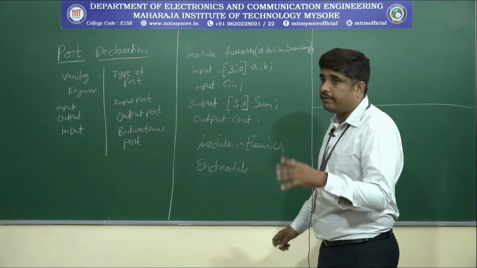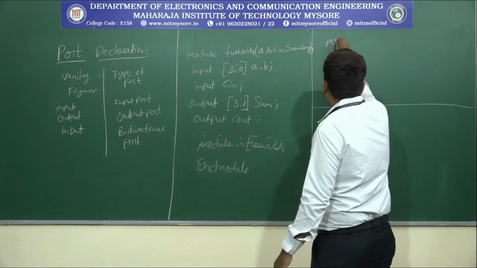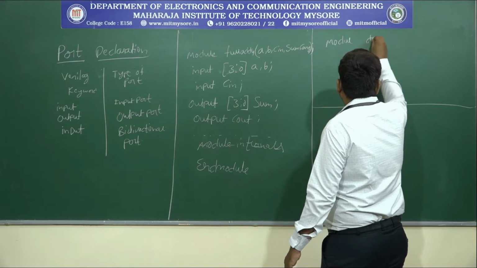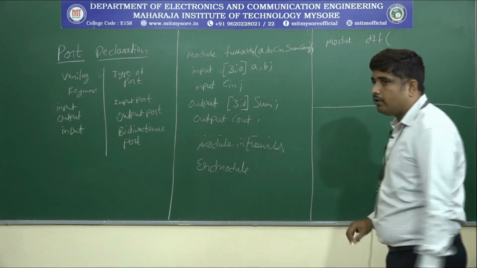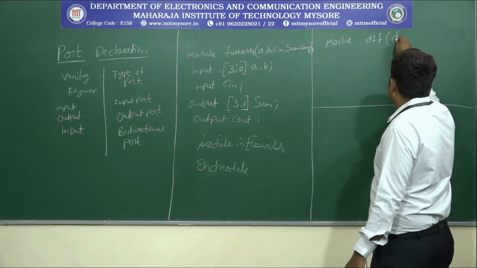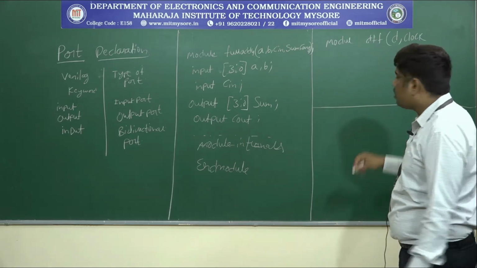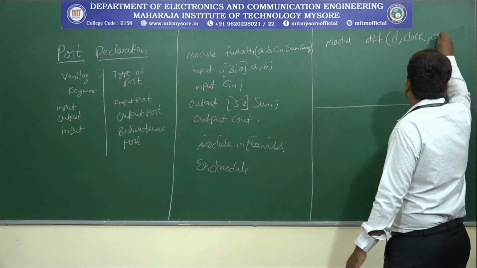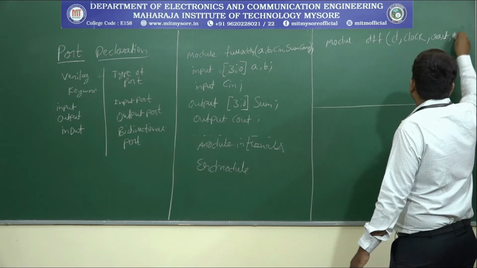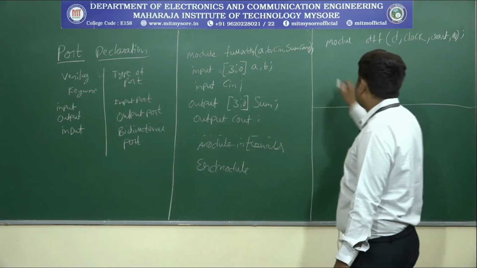Let us assume a sequential circuit for a better understanding. So module, let us assume D flip-flop, DFF. We know the inputs and outputs, we already discussed in previous classes: D is the input, clock, then reset is an input, then Q. So these are all the port declarations. Next you have to mention input and output.